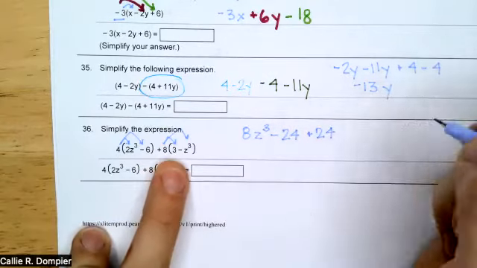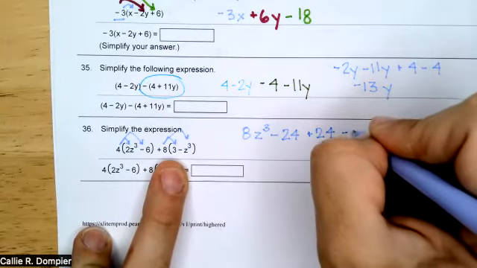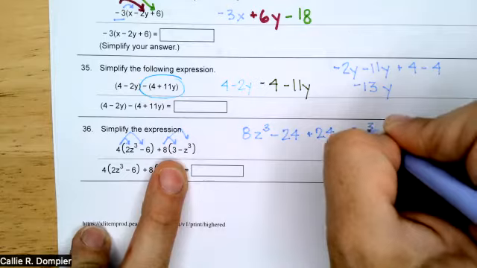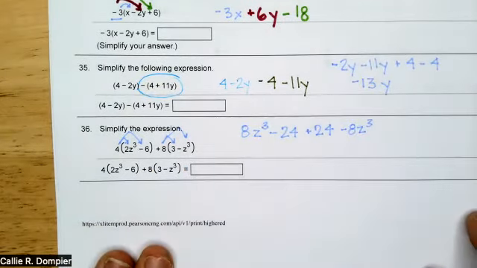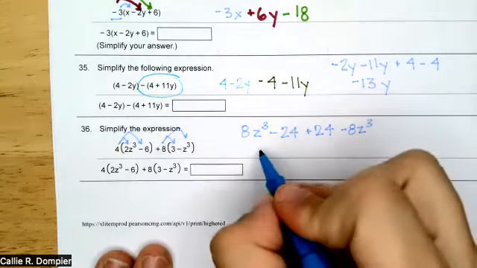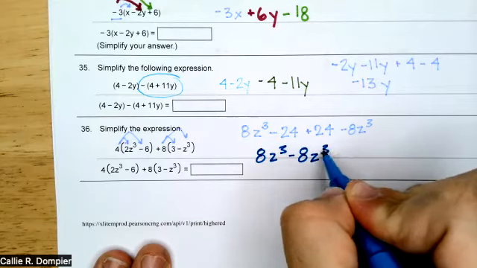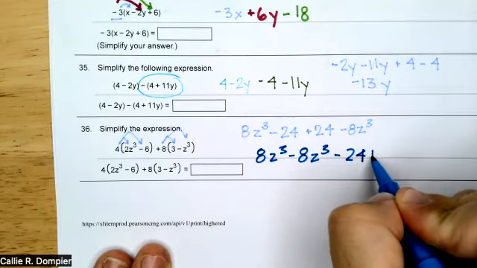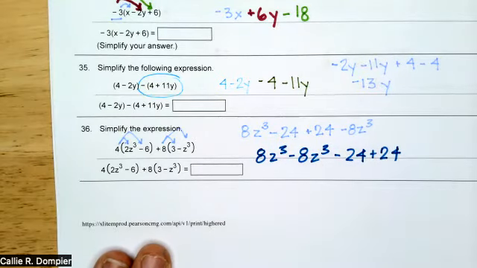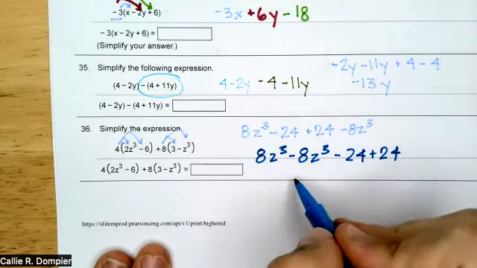And then 8 times a -z to the third is just -8z to the third. Hilarious joke, because those all cancel out, right? So we have 8z to the third minus 8z to the third minus 24 plus 24. Those make it 0. So our answer is just 0.